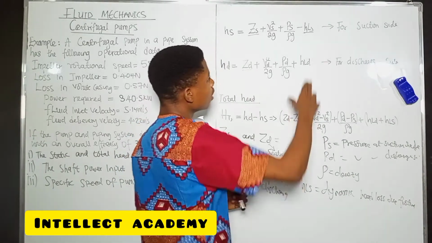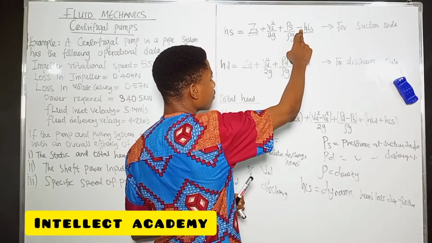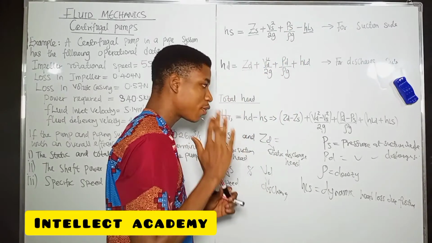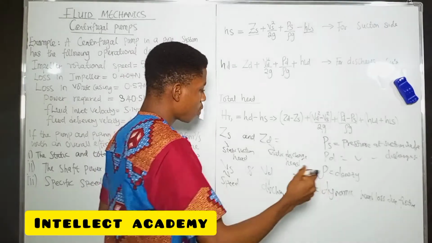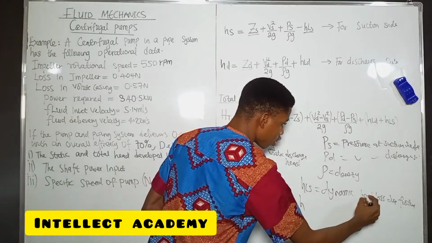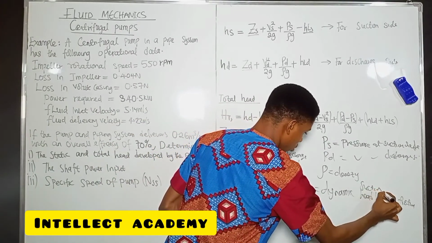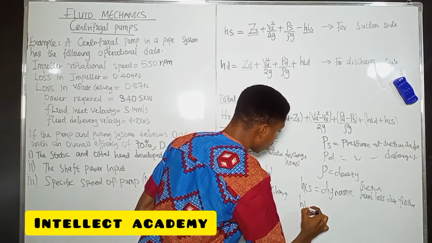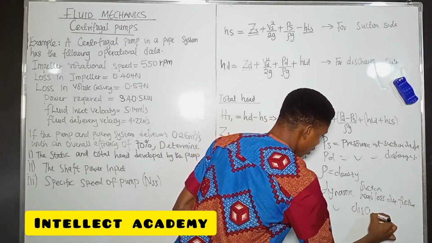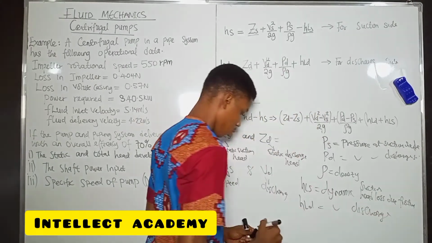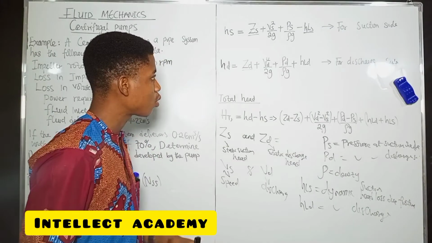Now take note, in this case it is negative. I want you to differentiate that in this case it is negative for what? The suction side. Then we have HLD, which signifies the head loss in the discharge side. So there's a dynamic head loss due to each of these parameters I told you earlier.